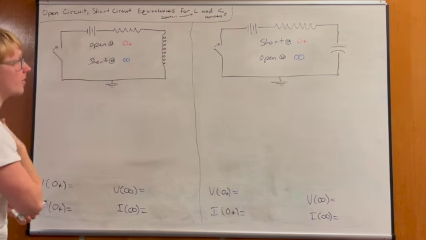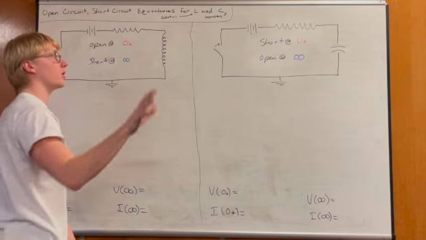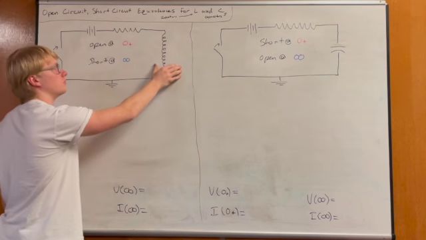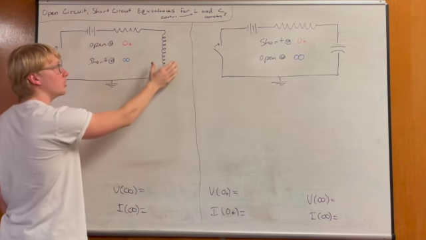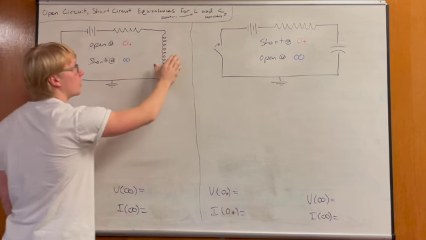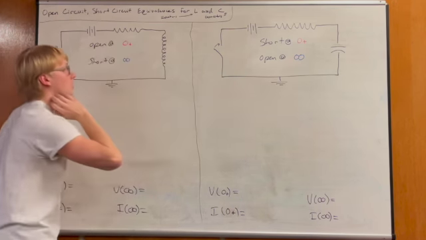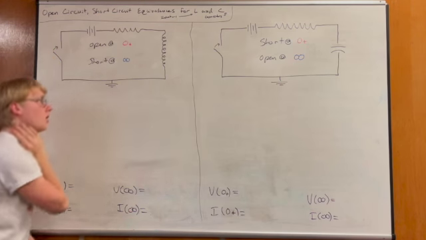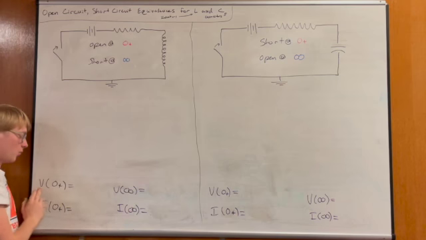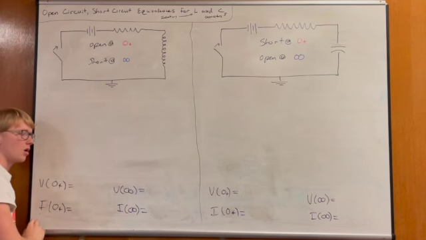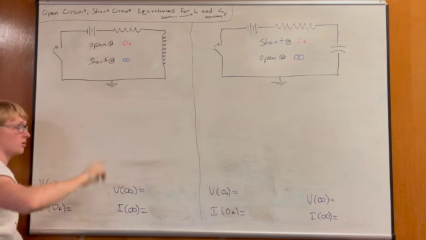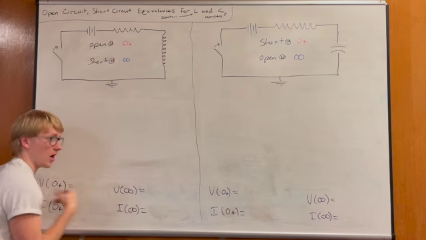There's a lot of time functions, and a lot of other topics that I'll have videos on, relating time to how much charge is in these branches. But for now, we're gonna figure out what the voltage and the currents are initially, right after we switch that switch, and a long time after we switch that switch.